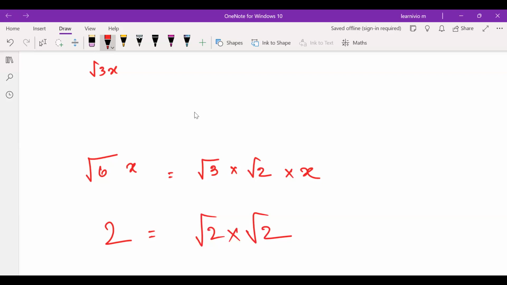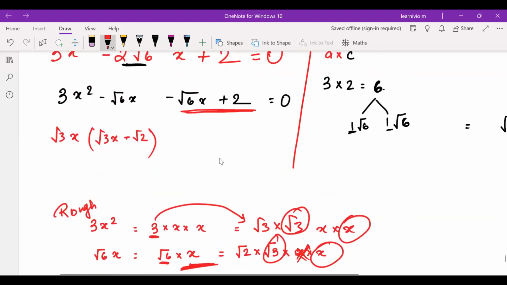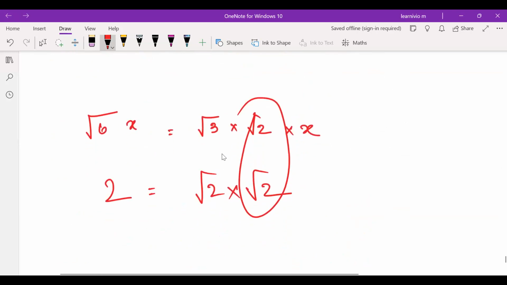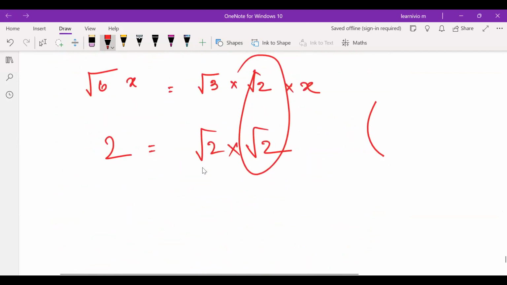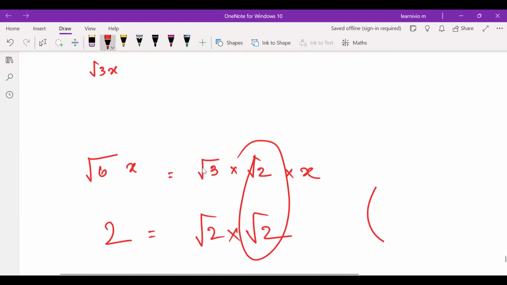So this is the common factor, right, Zoha? We can only take root 2 as common. Exactly. Root 2 common. X also? No, no x. Root 2 common, and what will be remaining?